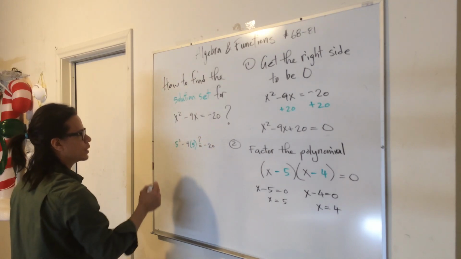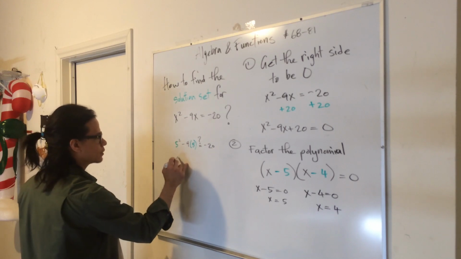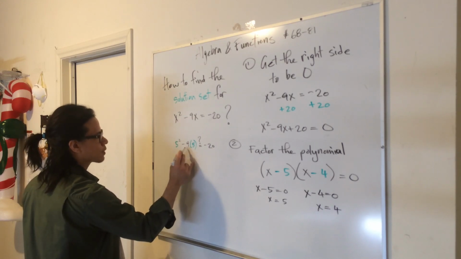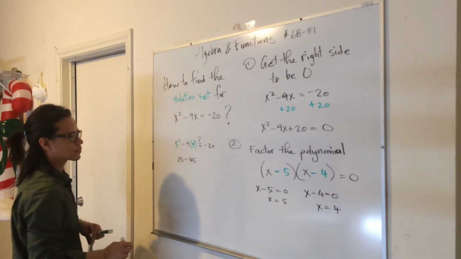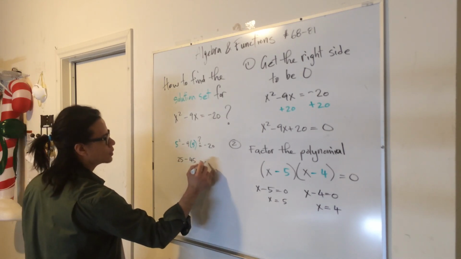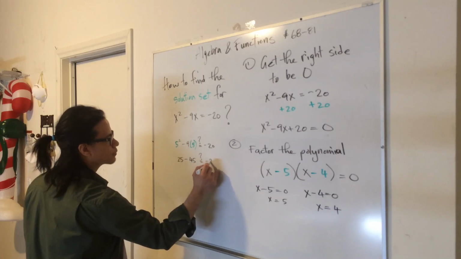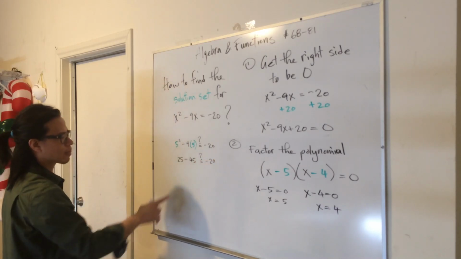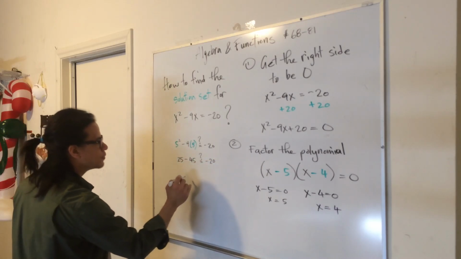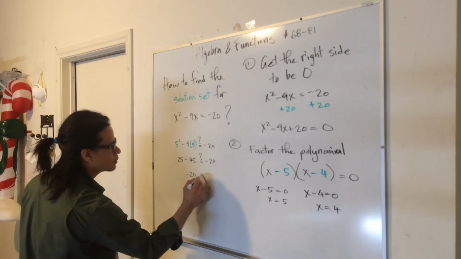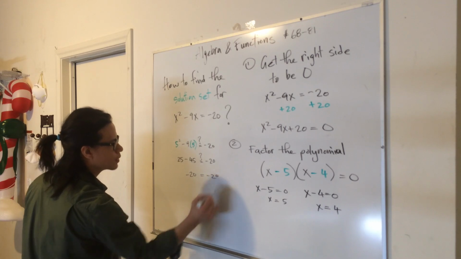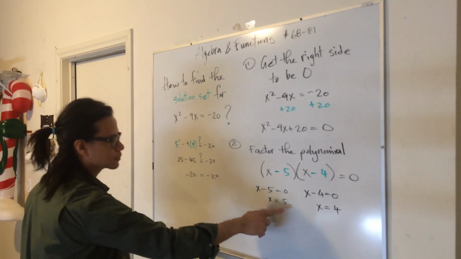Well, 5 squared is 5 times 5, 25. 9 times 5 is 45. Equals negative 20, does it? 25 minus 45, believe it or not, is negative 20, equals negative 20. I like my chances here.